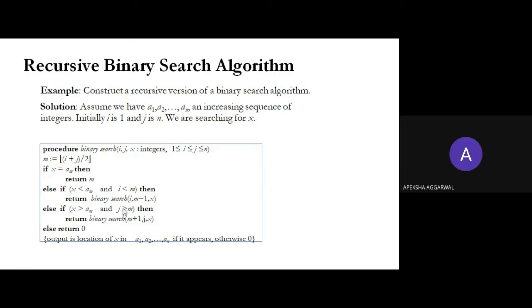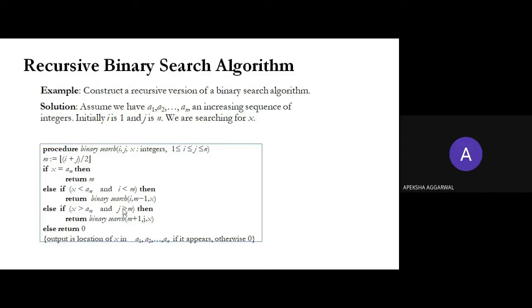Now what binary search does is, because we have a sorted array, we just pick out the middle element, which is i plus j by 2. If I have an array of 1 to 5, so 1 plus 5 by 2, 6 by 2, that is 3. So I just pick out the third number. If I was searching for that third number, I will stop the algorithm.